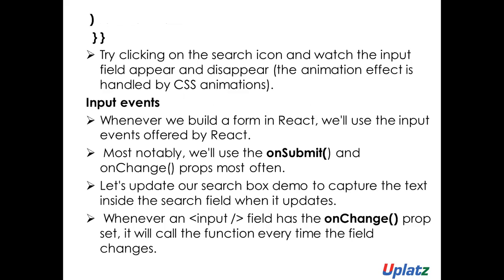So what are the input events we have? Whenever we build a form in React, we will use the input events offered by React. Most notably, we will use onSubmit and onChange props most often. So let's update our search box demo to capture the text inside the search field when it updates.